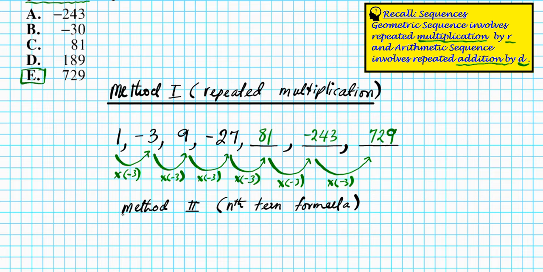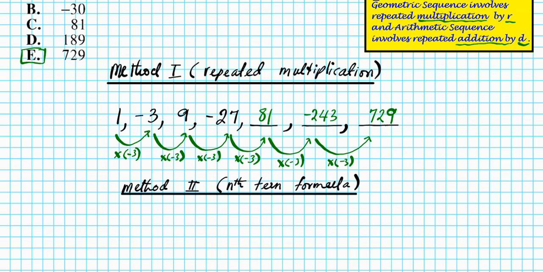So in order for you to take advantage of this method, which is rather fast, you need to be able to recall what the formula is and what the different components mean. Okay, so the formula is as follows. Formula for the nth term of a geometric sequence: an is equal to a1 times r to the n minus 1.